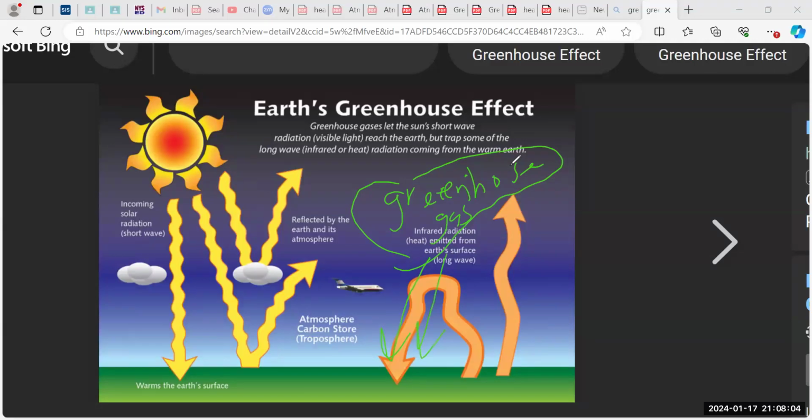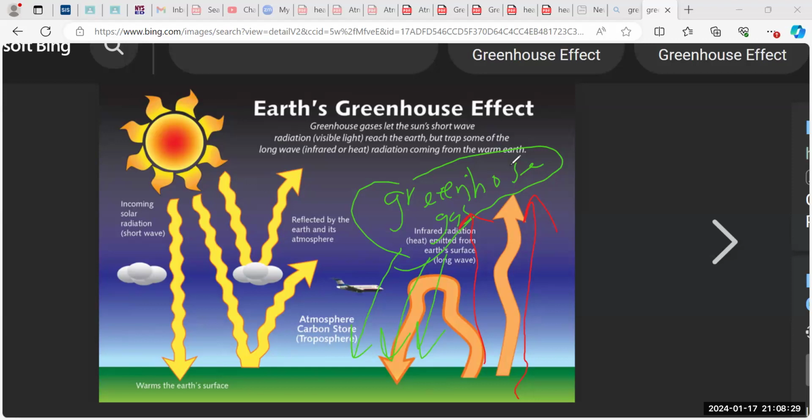And that's how it helps keep the earth warm. Some of that radiation that wants to be released from the surface of the earth, some of it escapes, but some of it gets absorbed by the greenhouse gas, and then the greenhouse gas decides to say, hey, let me re-radiate it back to the ground. And that is what the greenhouse effect is.